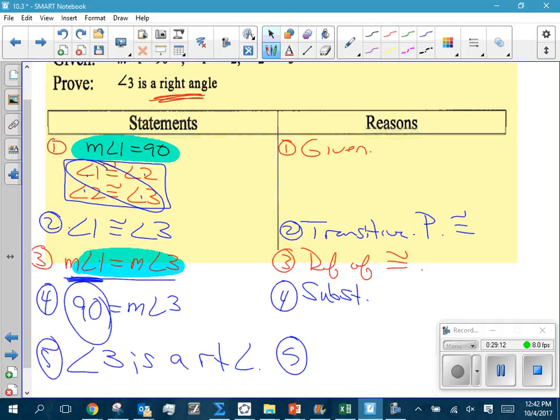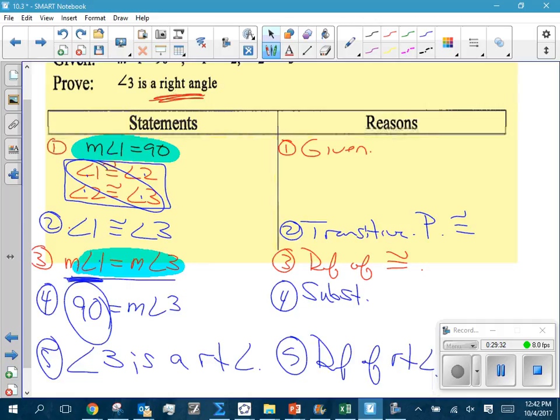I can hear you guys. Definition. Okay, I get a lot of people saying that, and this is 100% right. I get a lot of people saying, well, I know it's a right angle because we've shown that its measurement was 90 degrees, right? That's what they want to write over there as the reason, and that's fine.